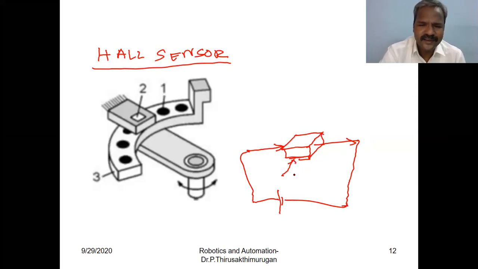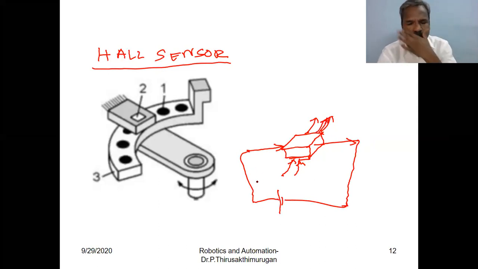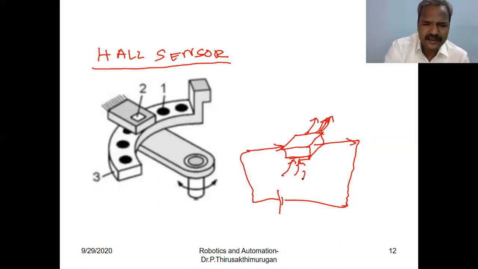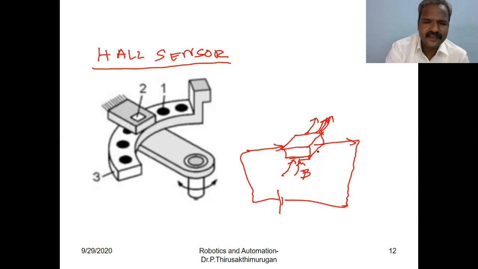In the Y direction, if you maintain a magnetic field, X and Y are perpendicular to each other. So the magnetic field B is in this direction, and the current I is in the X direction. This is a battery.